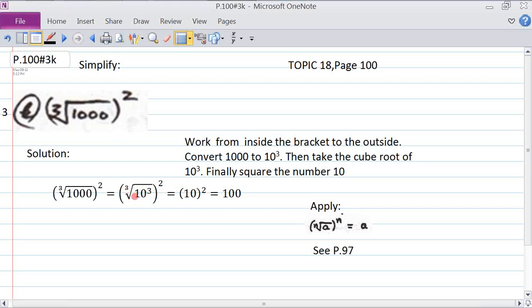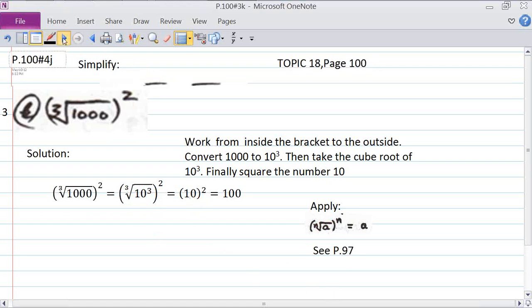So now this negates this. These two cancel each other, and we're just left with 10, and the squared is right here, so 10 squared is 100. Right at this point, we're applying this rule from page 97, because this and this are the same, and we just get whatever the number is right here, which I put here.